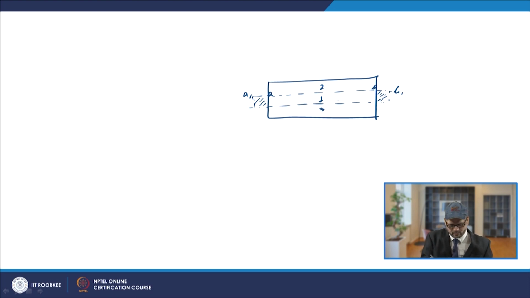So, zone 1 will be developing a stress which is compressive, that is why we denote it with the negative sign. Then zone 2 and zone 3 will be subjected to tensile stresses. So, this is the type of stress which is developed during the heating process.